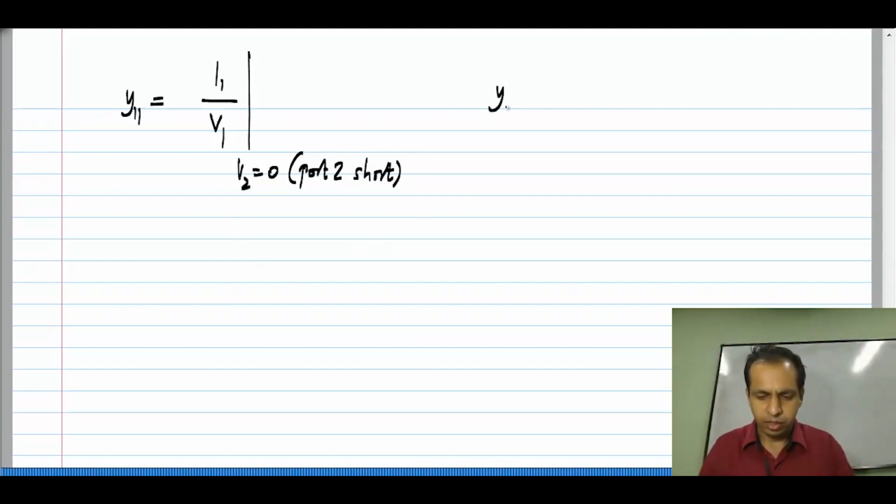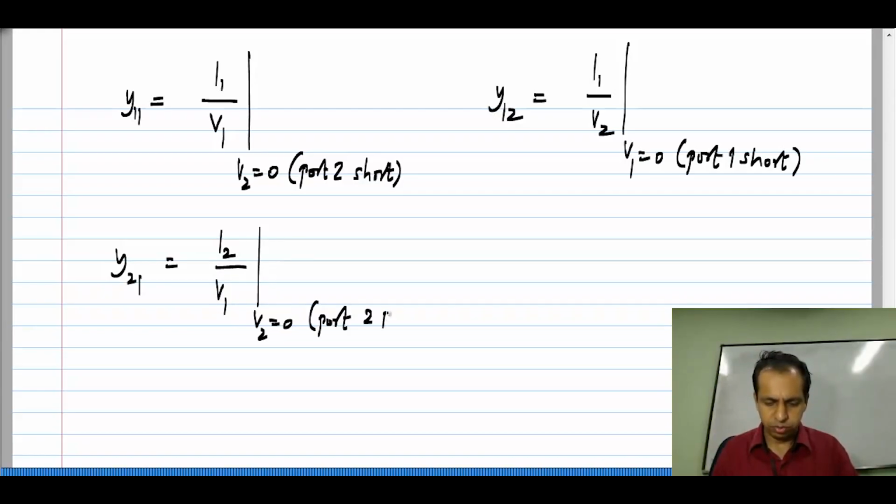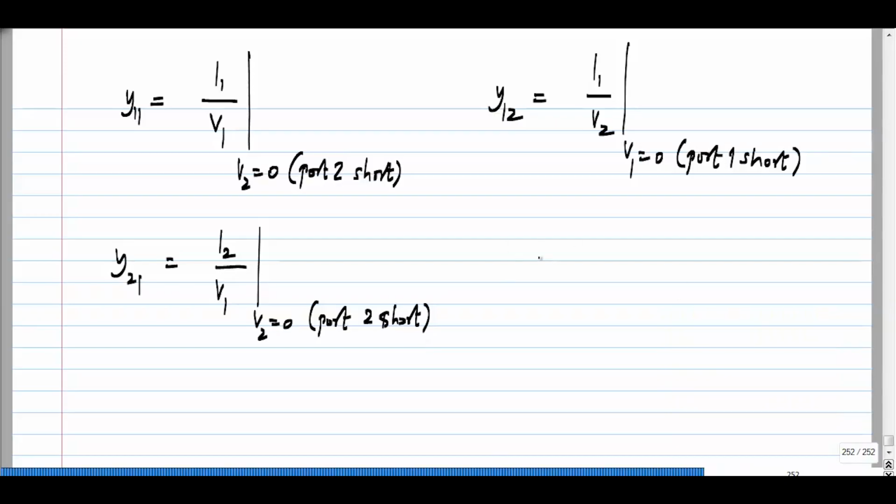And Y12 is I1 by V2 with V1 equal to 0 or port 1 shorted. Y21 is I2 by V1 with V2 equal to 0. So, that is port 2 shorted. And finally, Y22 is I2 by V2 with V1 equal to 0, port 1 shorted.